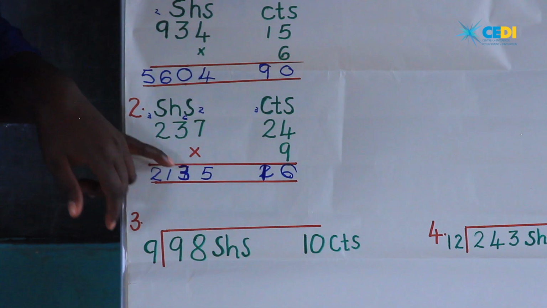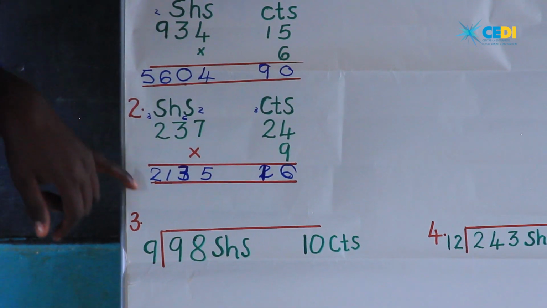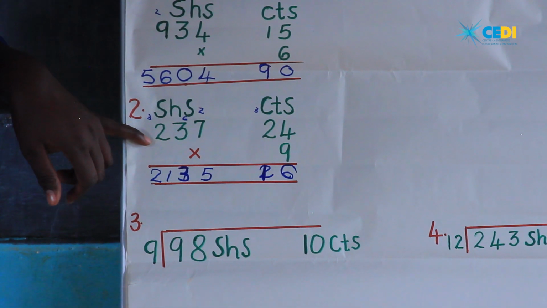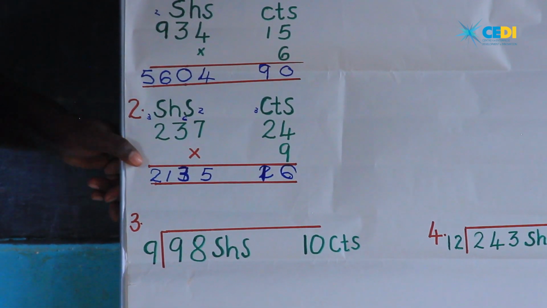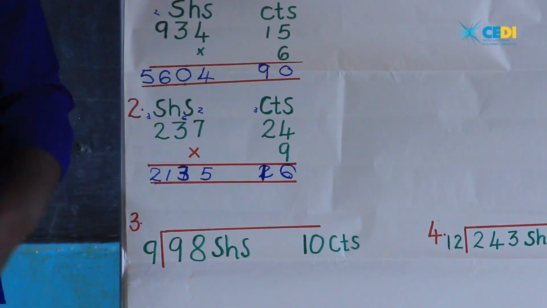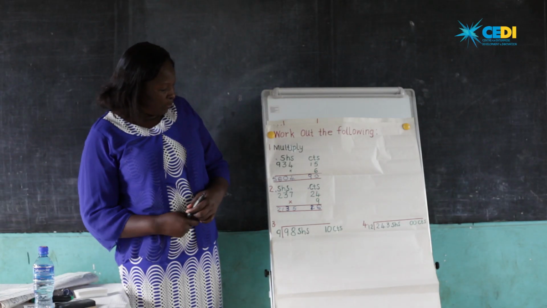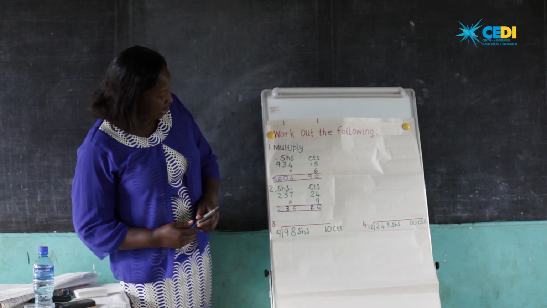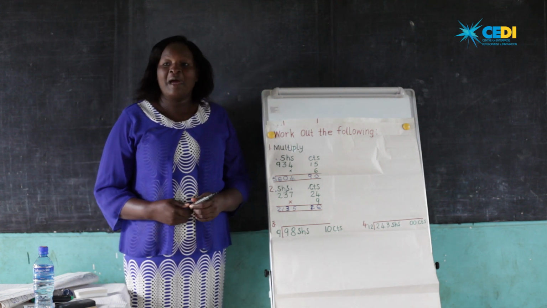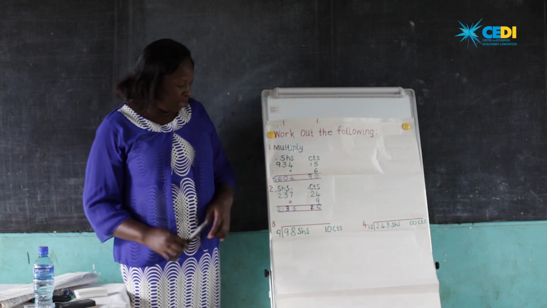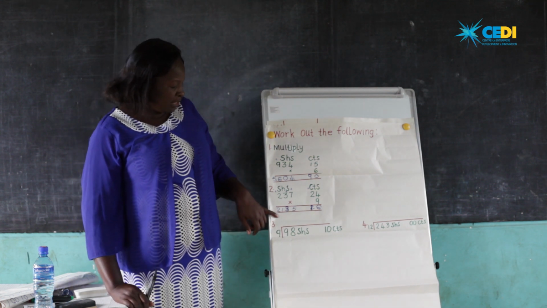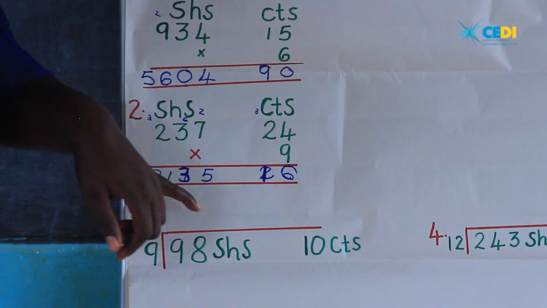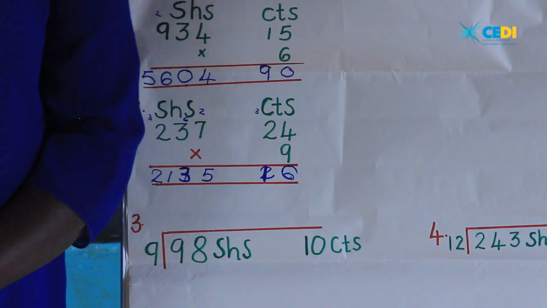So we write 3, we carry 3. 9 times 2 is 18. 18 plus the carried 3 will give us 21. So when you multiply 237 shillings and 24 cents by 9, then you are going to get the answer as 2,135 shillings and 16 cents.